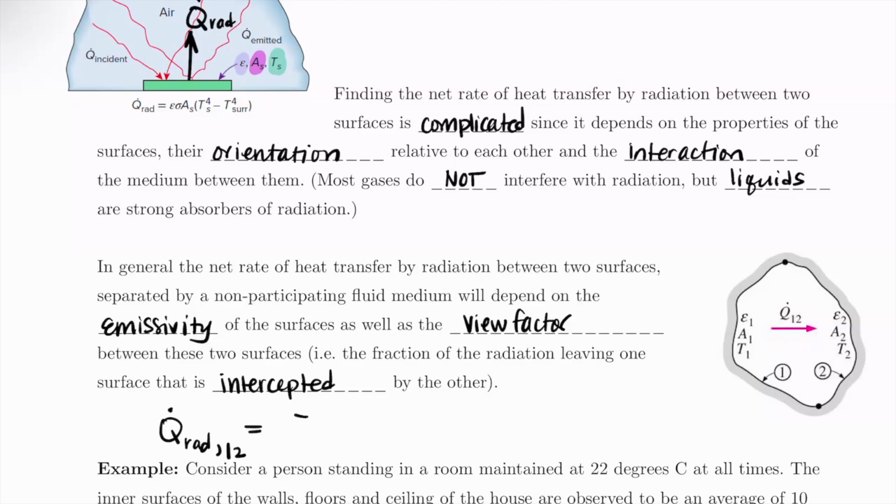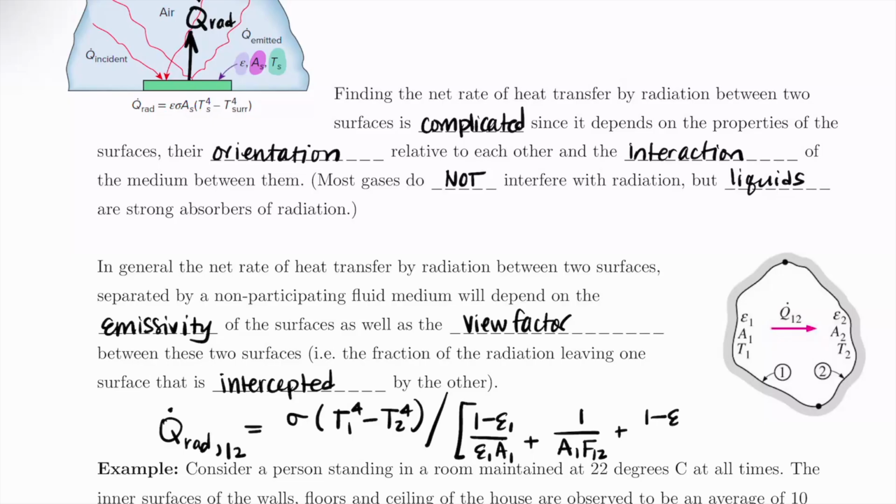We would have sigma times T1 to the fourth minus T2 to the fourth, divided by a big denominator that looks like (1 minus epsilon 1) over (epsilon 1 A1), plus 1 over (A1 F12), plus (1 minus emissivity of 2) divided by (epsilon 2 A2).